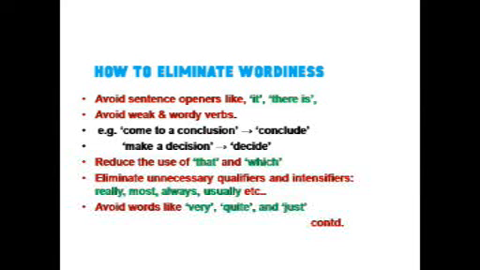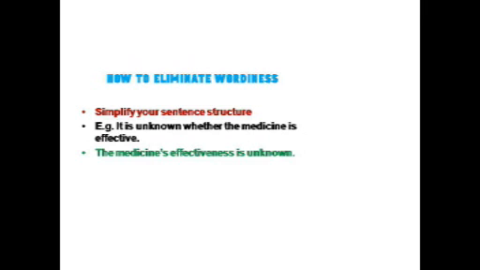Next, eliminate unnecessary qualifiers and intensifiers like really, most, always, usually, etc. Then avoid words like very, quite and just. So, all these words can be avoided. Then simplify your sentence structure. Sometimes a long sentence can be shortened like in the example given there.